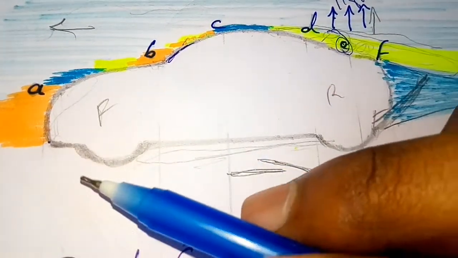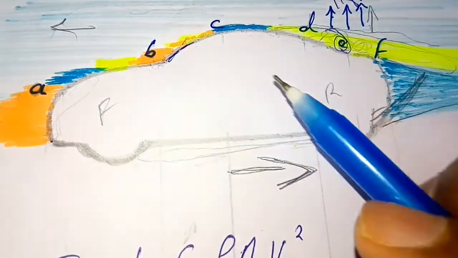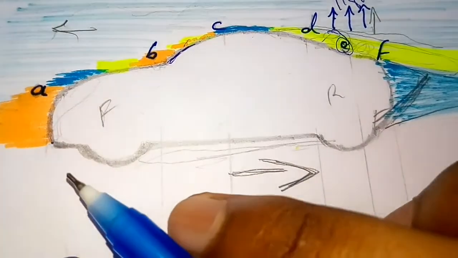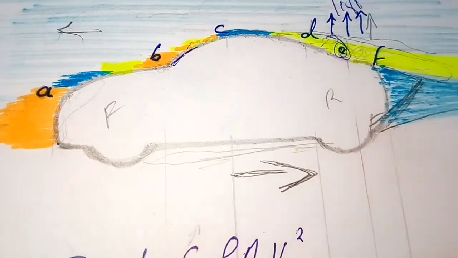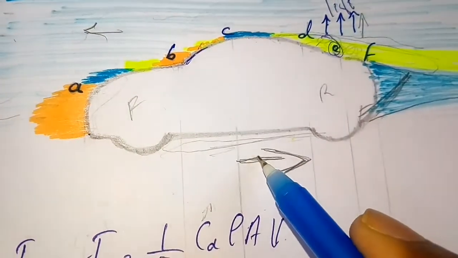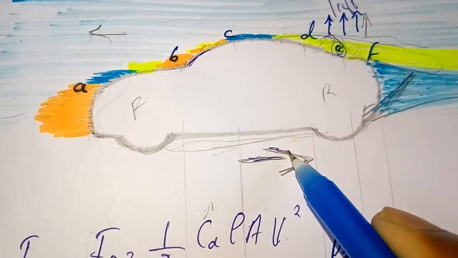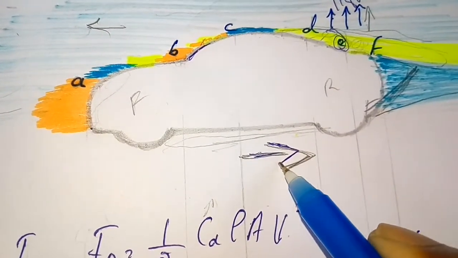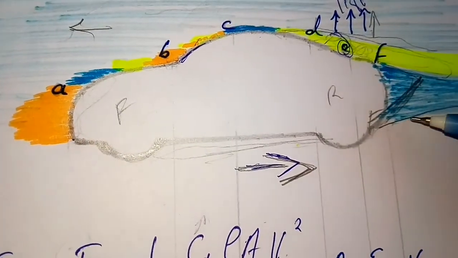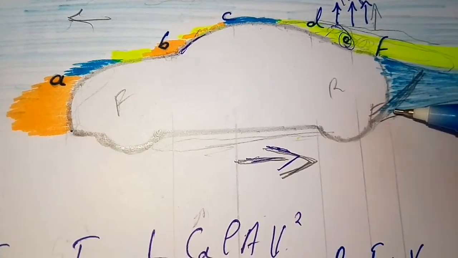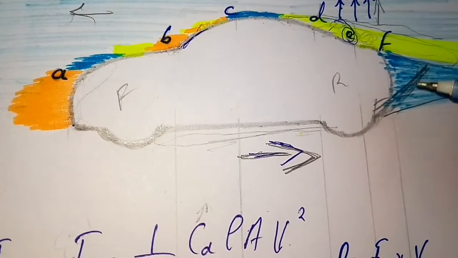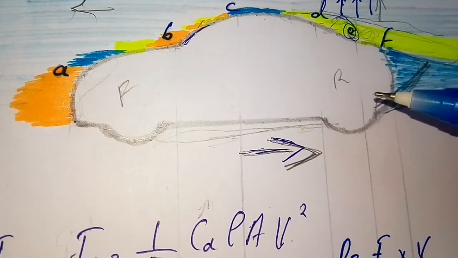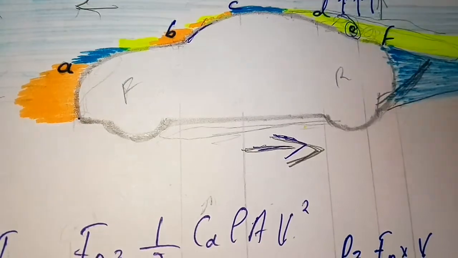So the relative pressure between front and rear will be very high, which will lead to a net force acting in the rearward direction, which will increase the overall aerodynamic drag of the vehicle. So we have to reduce the wake effect in the rear, or we have to increase the pressure in the rear of the vehicle. That's why the need for a diffuser comes.